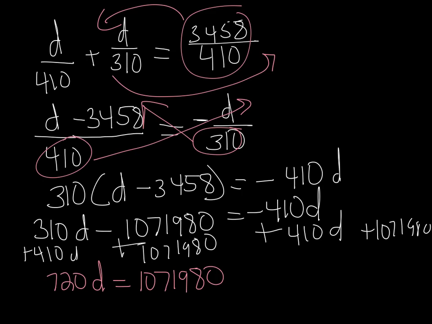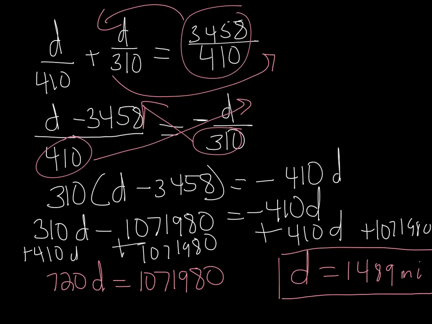Divide both sides by 720, and then we get a distance of about 1,489 miles. And that is your answer. Complicated problem, but try to go back and think very simply about what it is that you're doing. We're trying to equate time. So that's about it for this one, and I look forward to helping you with more.